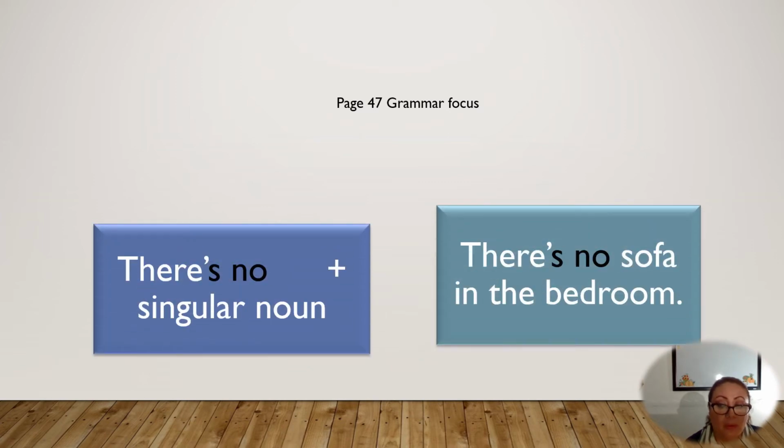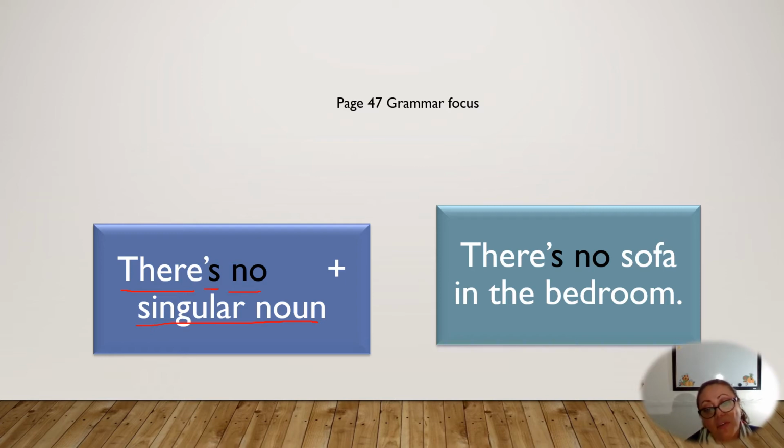Now, to complete this lesson, we are going to take a look at something that is different here. The formula is, the word is there's. See, you have the contraction here. There's no, and directly you go with the singular noun. What is it that I'm talking about?